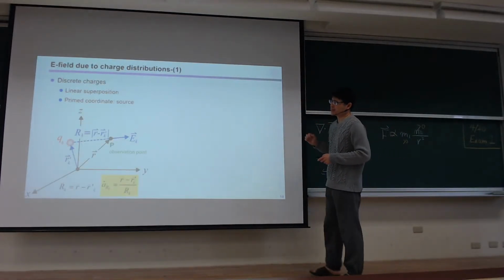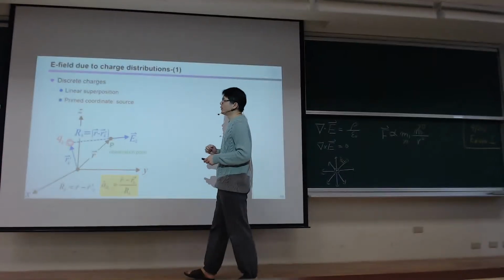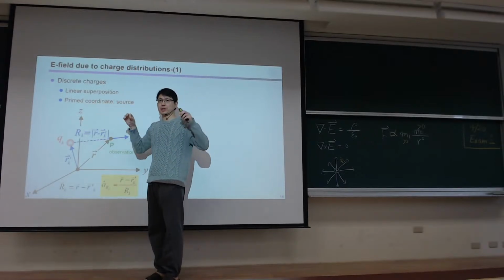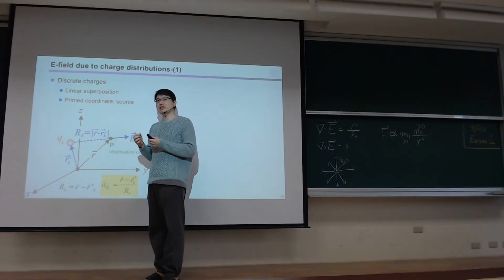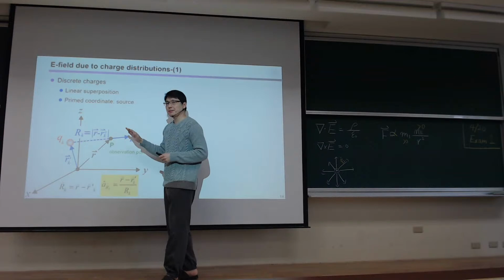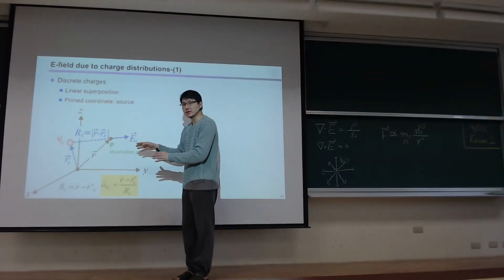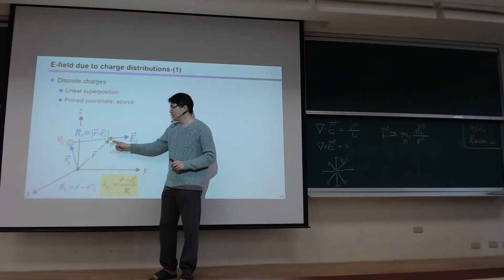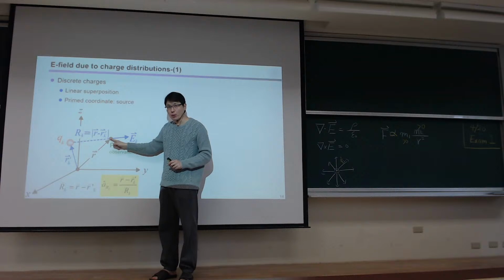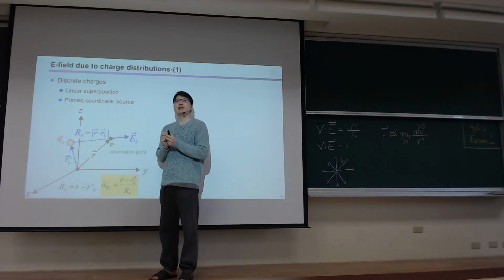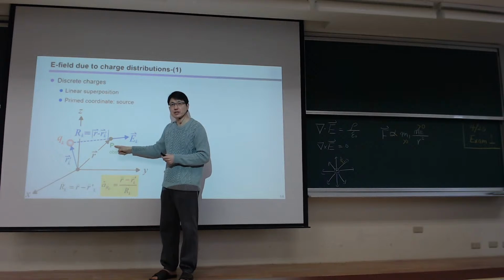Okay, first case. We have discrete charges. So we have lots and lots of charged particles. Each one has its own coordinate position. I'm going to explain the nomenclature, the mathematical terms I'm using here. I now have an observation point, so I want to know the total E field strength and direction at this point P. So this is my observer.